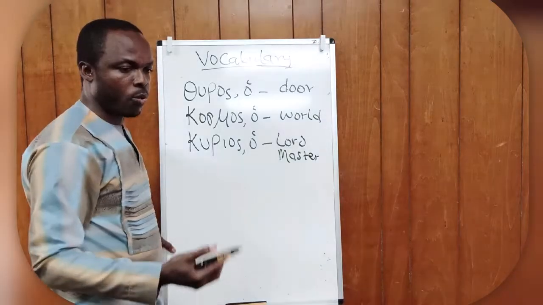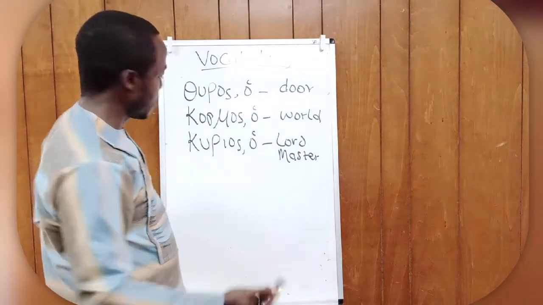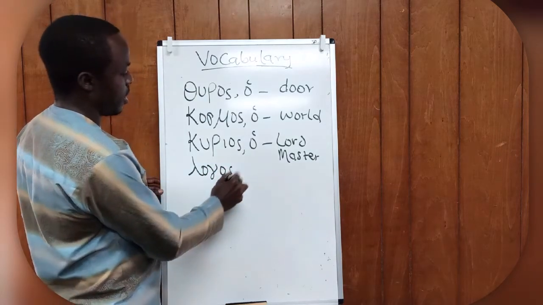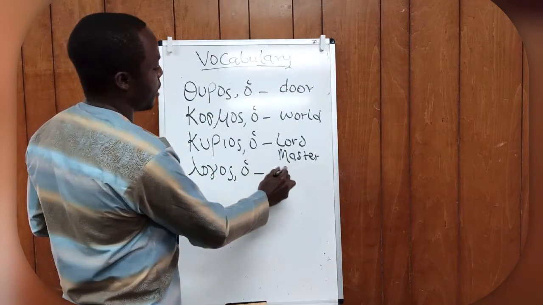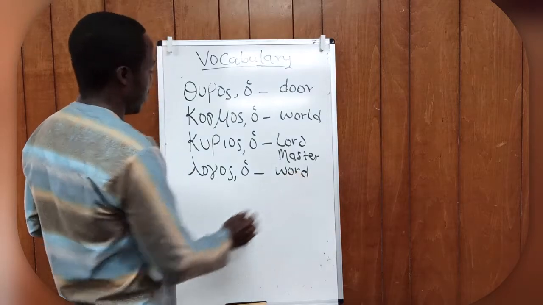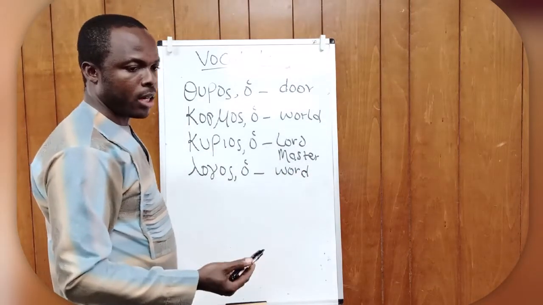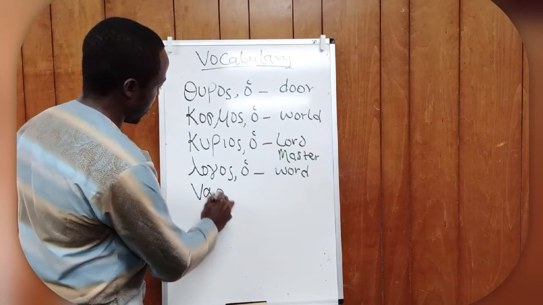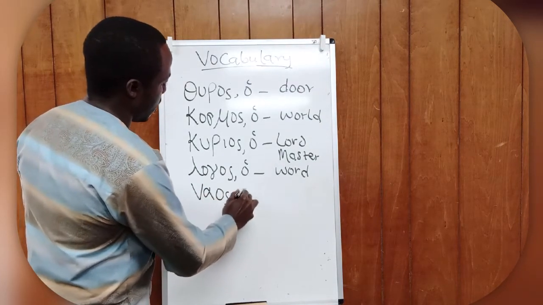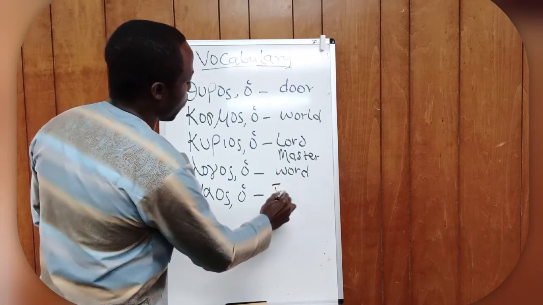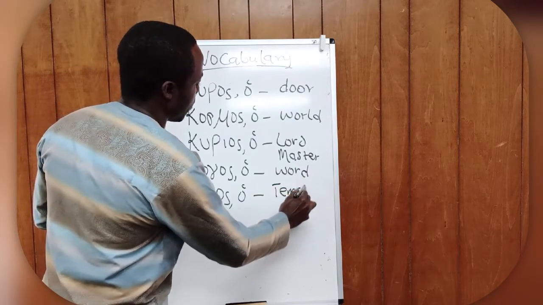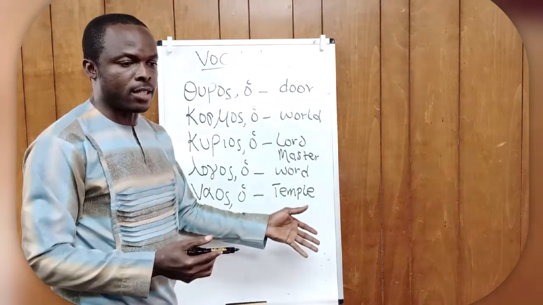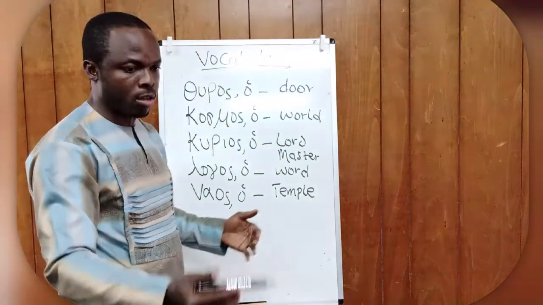Then we have another word like logos. This means word. Then we have another word, naos. This means temple. Even though there is another word for temple that is known as hieron, we will still come to that.